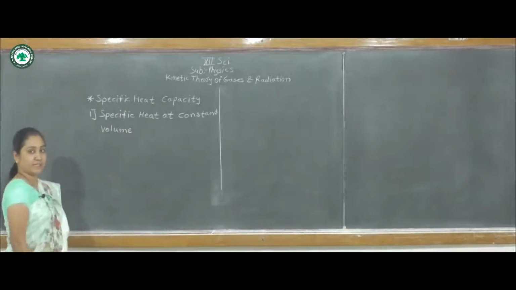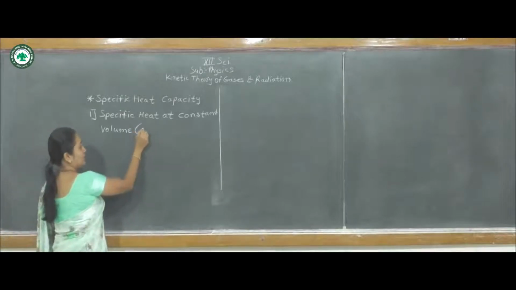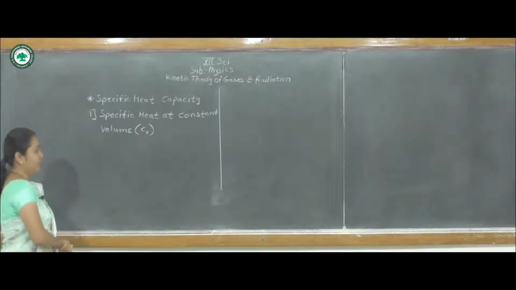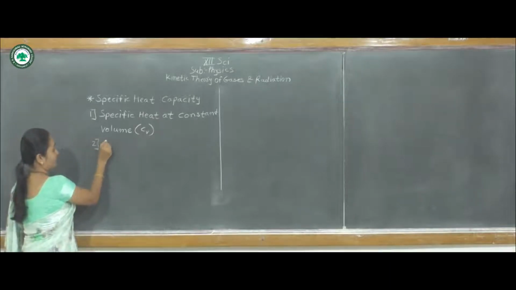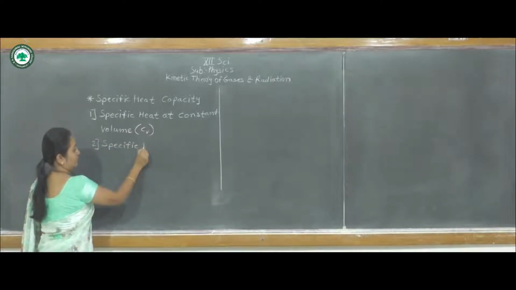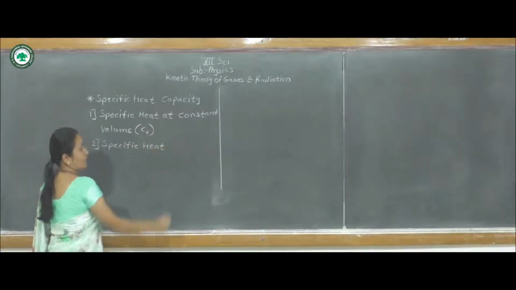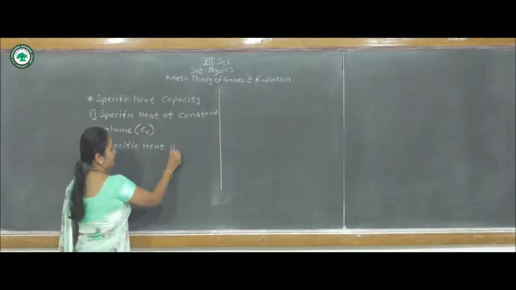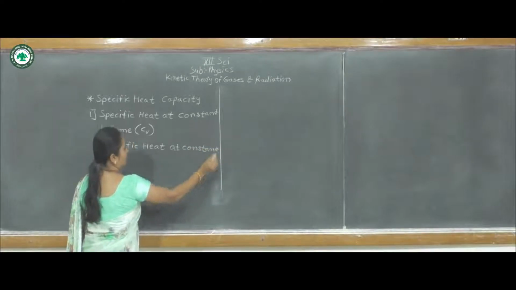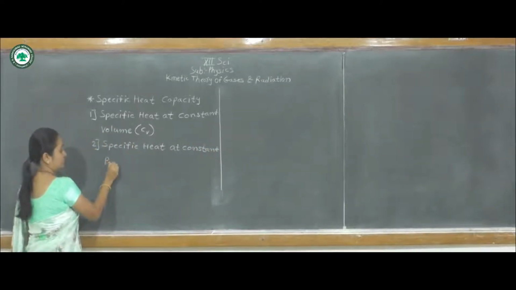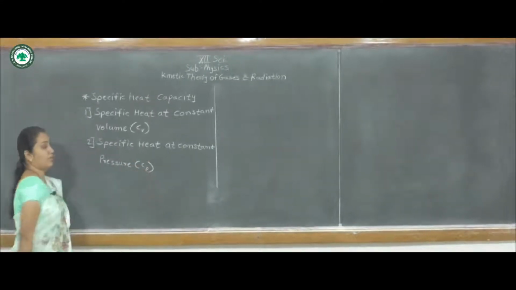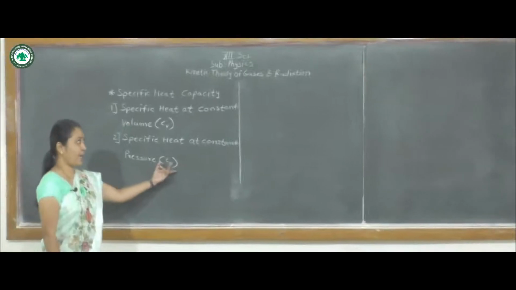This specific heat is denoted by Cv, and the second specific heat is specific heat at constant pressure. It is denoted by Cp.